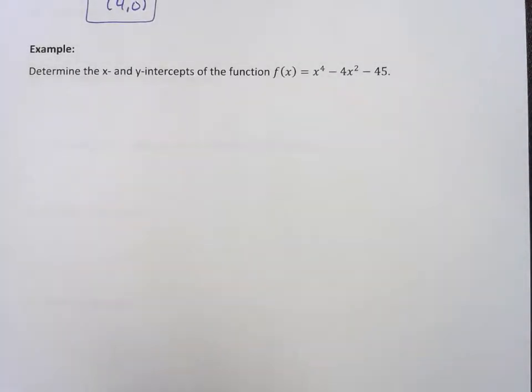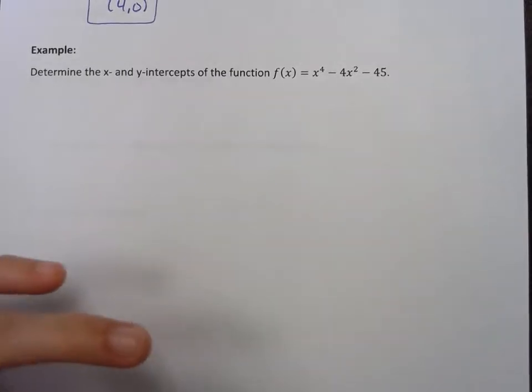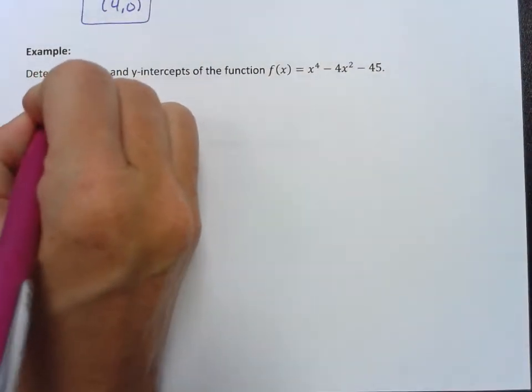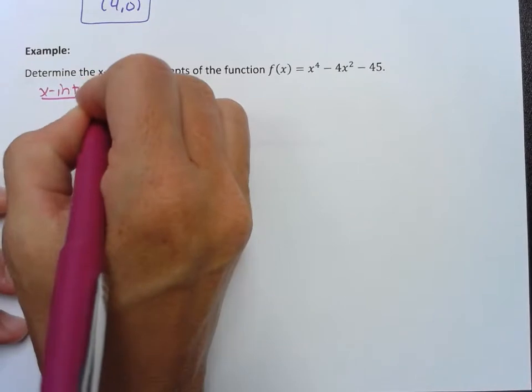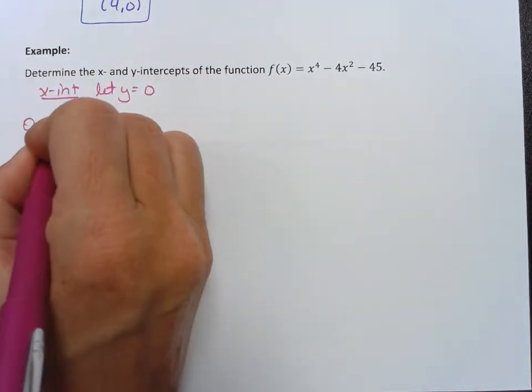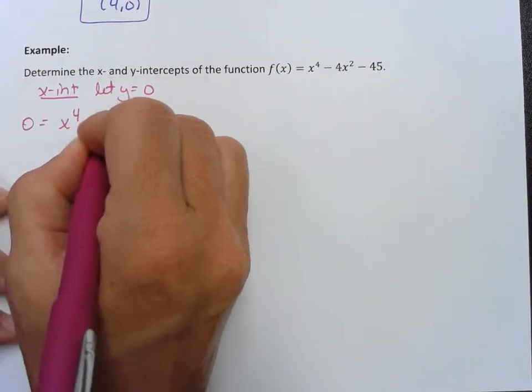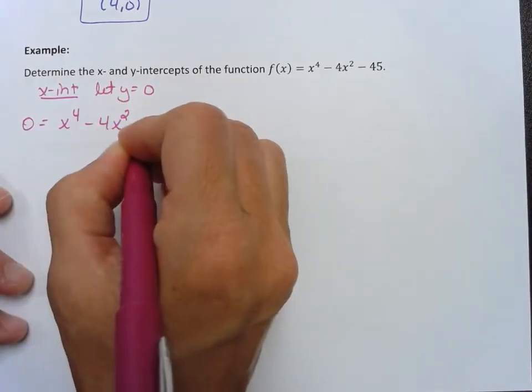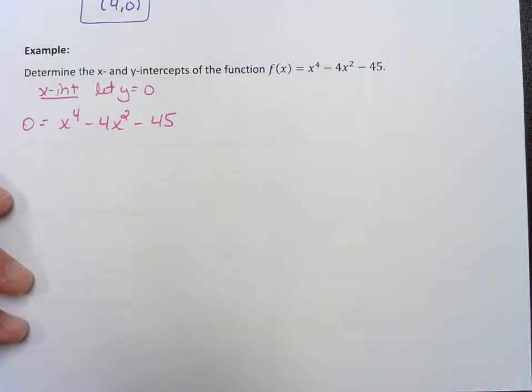Determine the x and y intercepts of this function. Just like before, to find an x-intercept, you let y equal 0. So you have 0 equals x to the 4th minus 4x squared minus 45. By now you should be able to factor this. If not, it's okay.